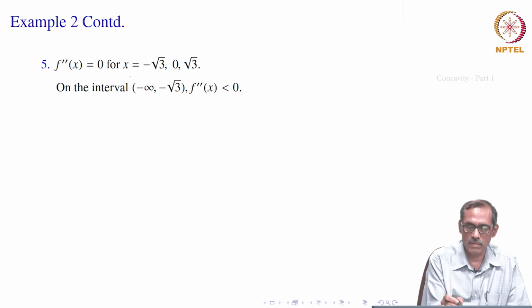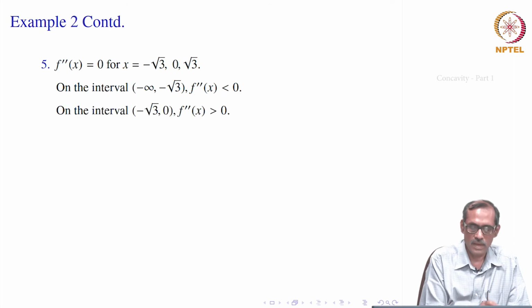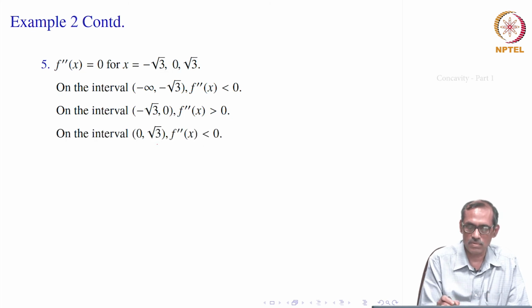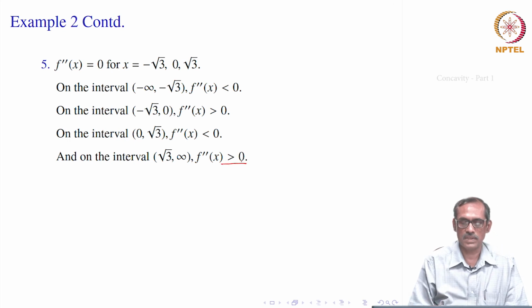So, we have now 4 intervals. For minus infinity to minus root 3, there if you evaluate again f double prime x, that is less than 0, and if you look at minus root 3 to 0, there it is greater than 0, and if you look at 0 to root 3, there again it is less than 0. So, it is changing sign, and if it is bigger than root 3, it is again positive.